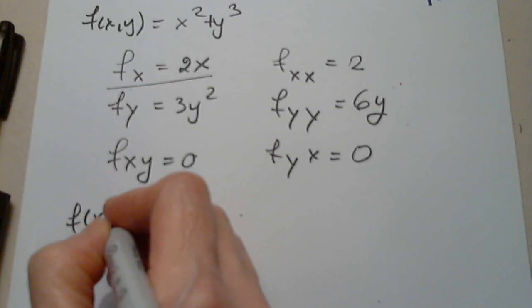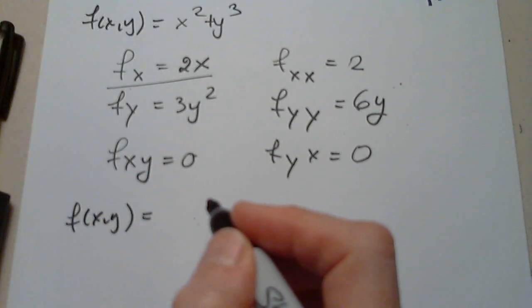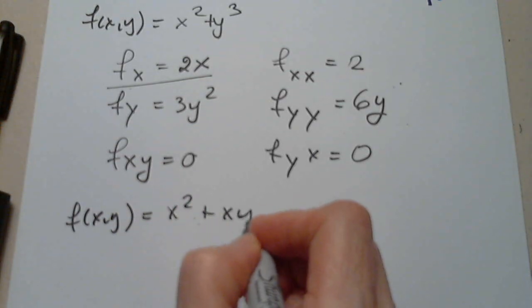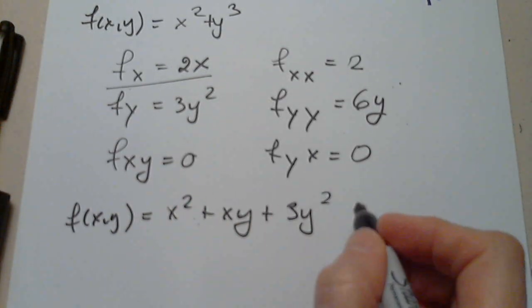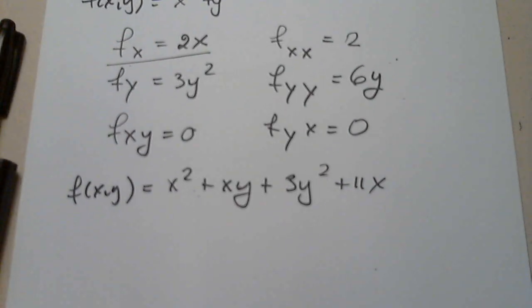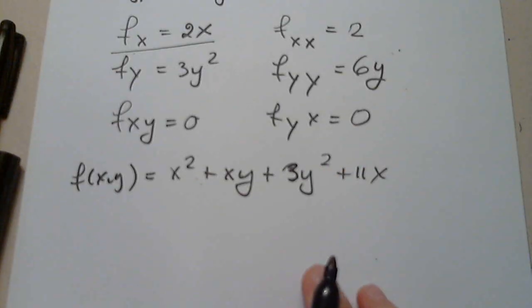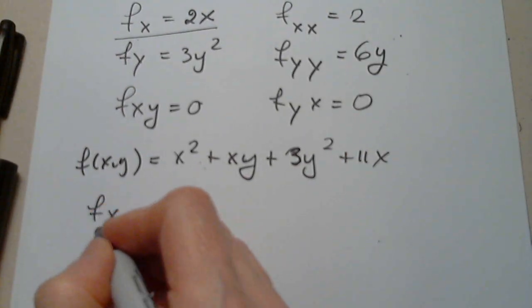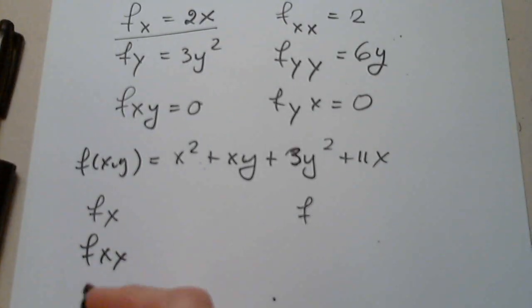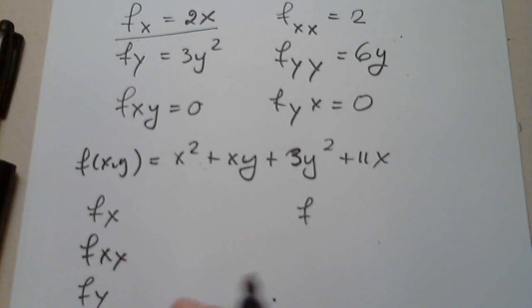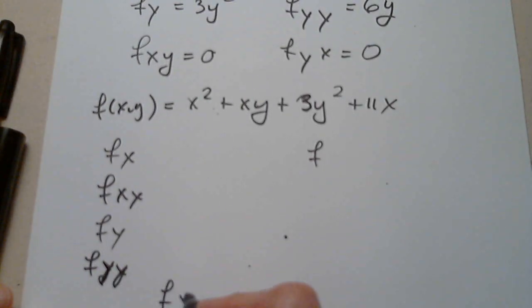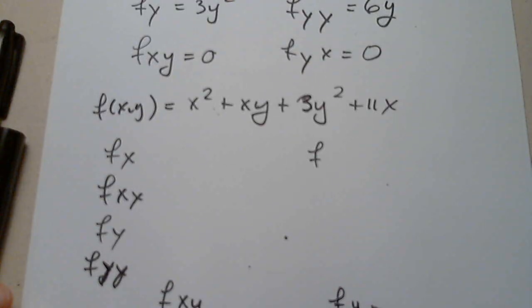I want to choose another function. Let's say f of x, y equals x squared plus xy plus 3y squared plus 11x. So we want to determine fx, fxx, fy, fyy, fxy, and fyx.